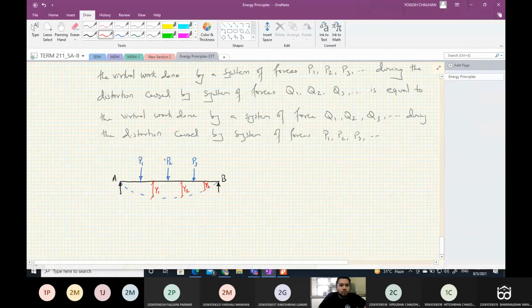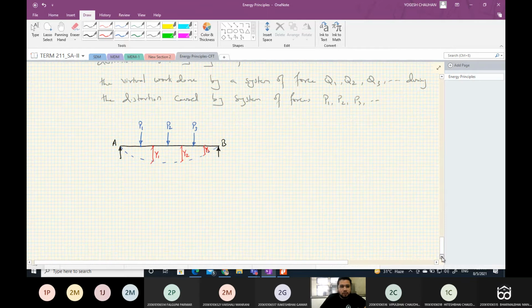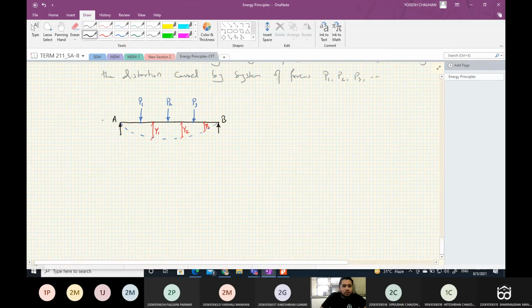Now for the same system, let us now apply a system of forces Q1, Q2, Q3.